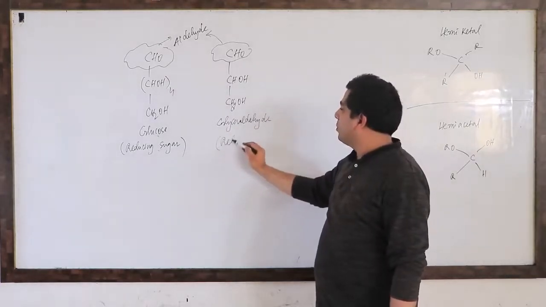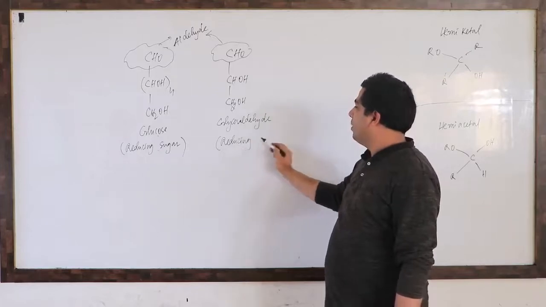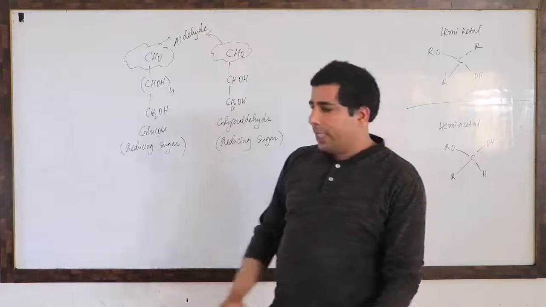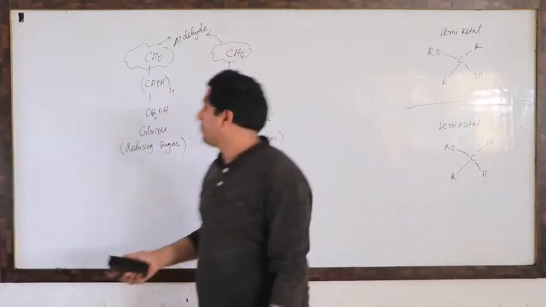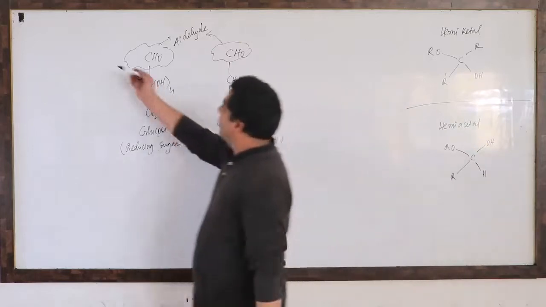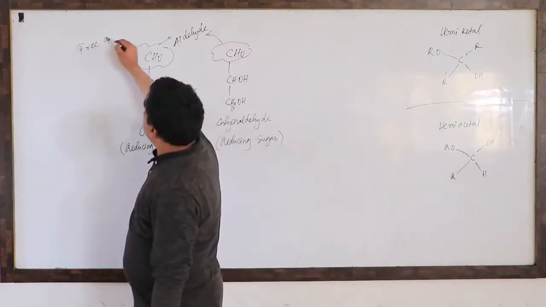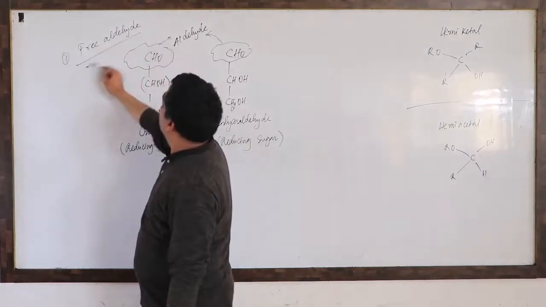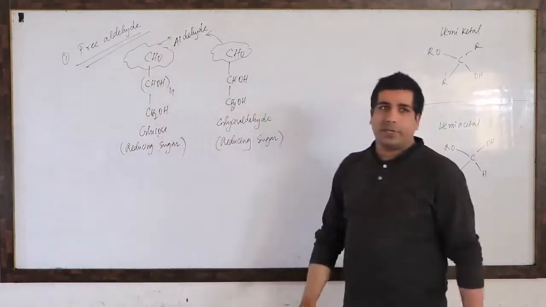This is also a reducing sugar because it contains a free aldehyde group. I hope you have understood, my dear friends. Let's take a few more examples here. So this was about free aldehyde. Point number 1. Please make note of this. Correct?